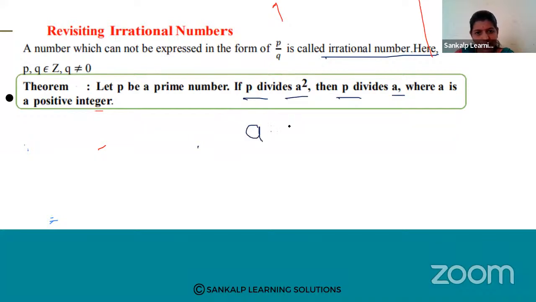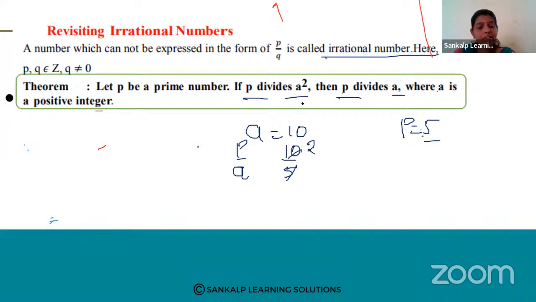For example, consider A is equal to 10, and P is equal to 5. If P divides A, then P divides A square. See, 5 is a prime number, right? P divides A, 5 divides 10, 5 2s are 10.